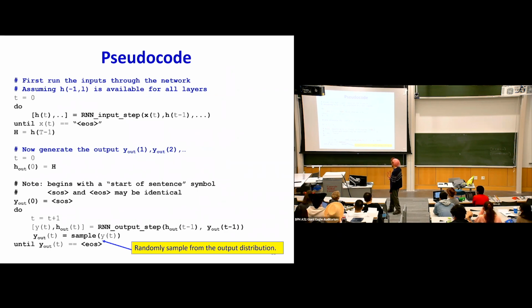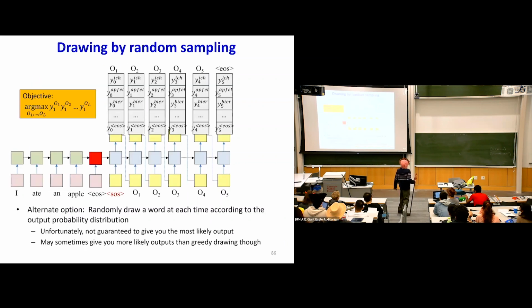And that's what you'll be using as the output. And you keep doing this until you sample an EOS. This, in fact, randomly choosing words at each time can give you word sequences that are more probable than just greedily choosing the most likely word at each time very often. So it's a pretty good solution.